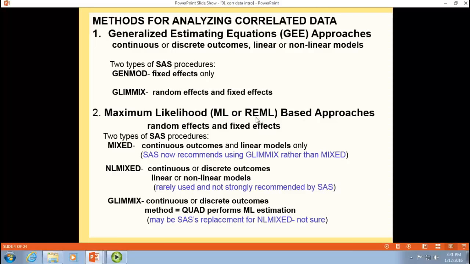Now, REML stands for restricted maximum likelihood, the RE stands for restricted. So the ML is still maximum likelihood. There's a slight difference. We'll talk about that when we get to it. So there are two different types of approaches, and you've learned about maximum likelihood last semester, or you may even have learned it before.